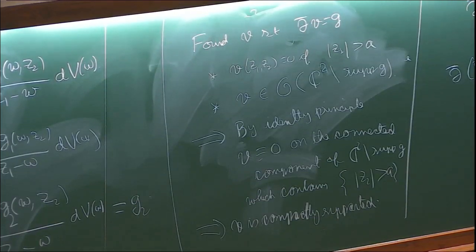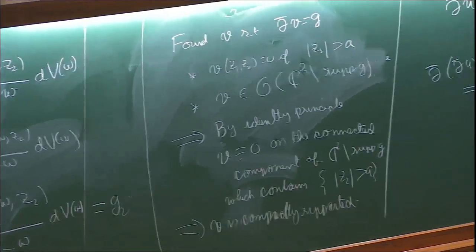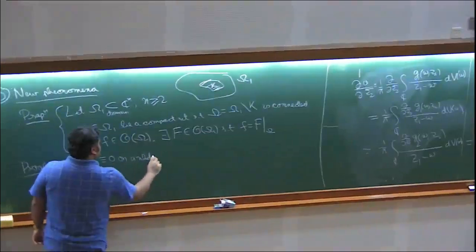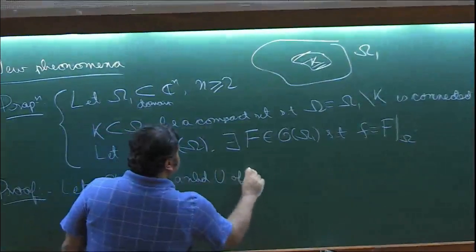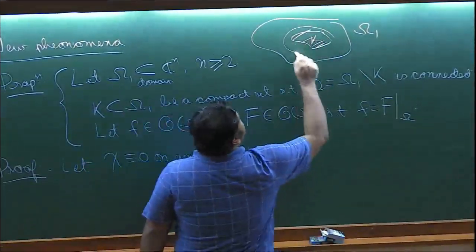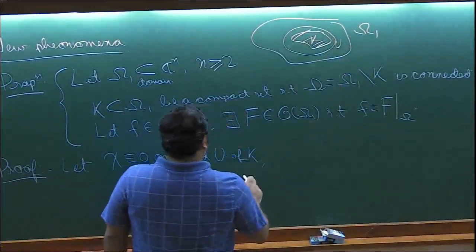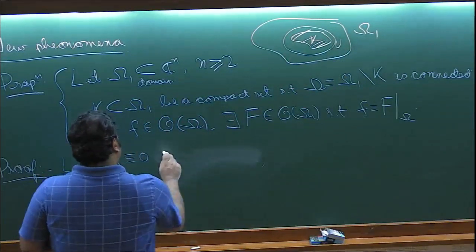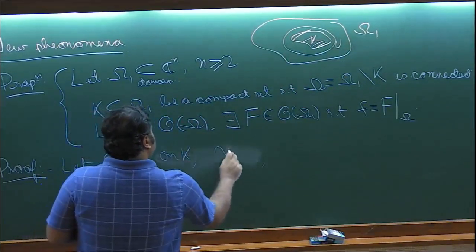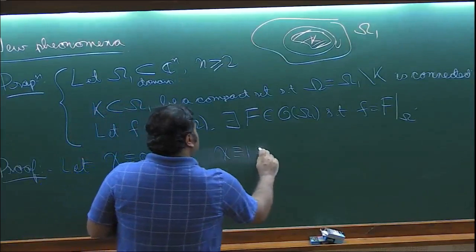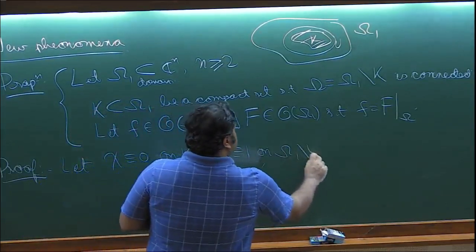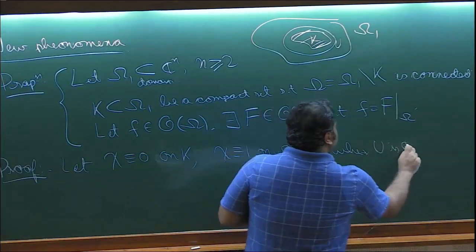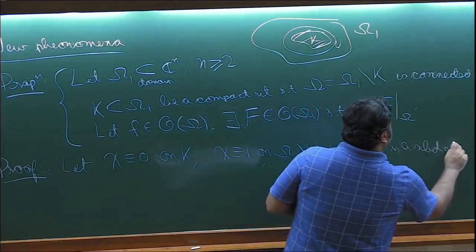Chi is identically 0 on a neighborhood u of k, or let's say just on k actually, and chi is identically 1 on omega 1 minus u, where u is a neighborhood of k.